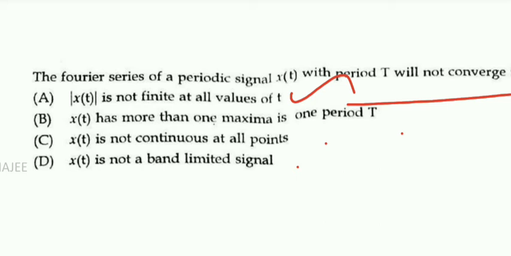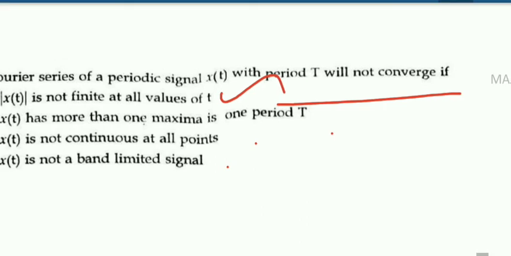For converging, it should have finite maxima and minima, and it should be continuous. Those are the Dirichlet conditions, and those three conditions must be satisfied. So option A is a wrong answer. If x of t is not finite, it will not converge, so option A is the right answer.